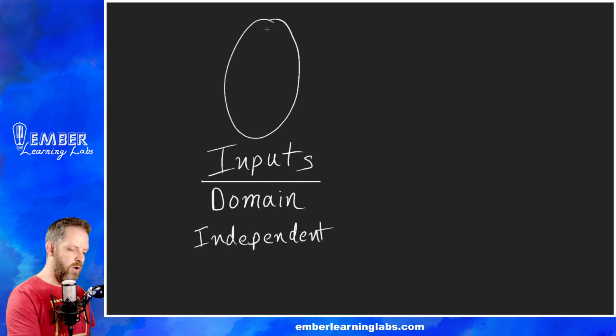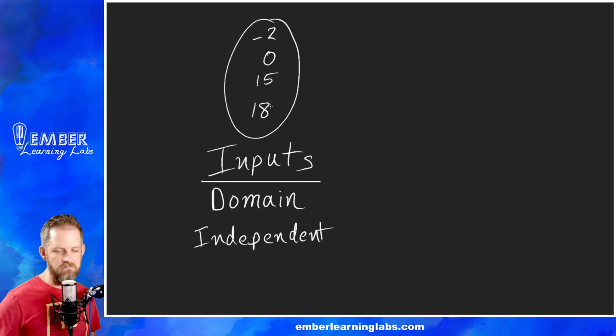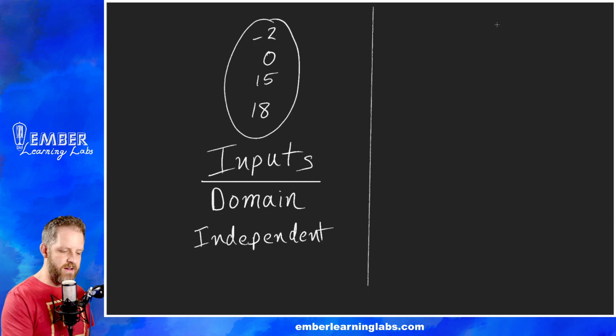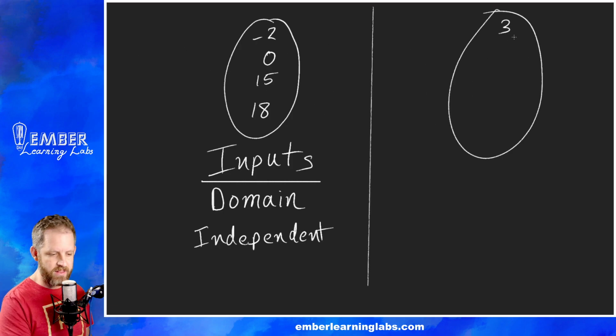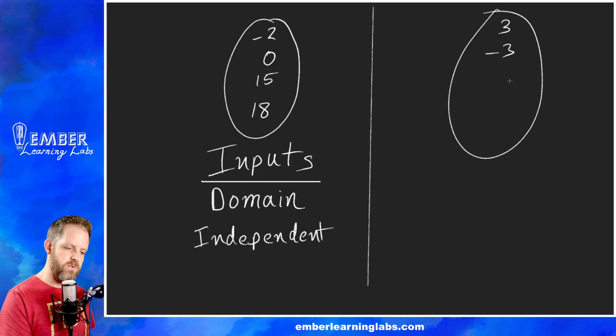Okay. So in this example, we might have -2, 0, 15, 18. And then over here, we might have the outputs of a function. A function is kind of like a machine where we stick stuff into the function and then we get something out of the function. 3, 5, 12.